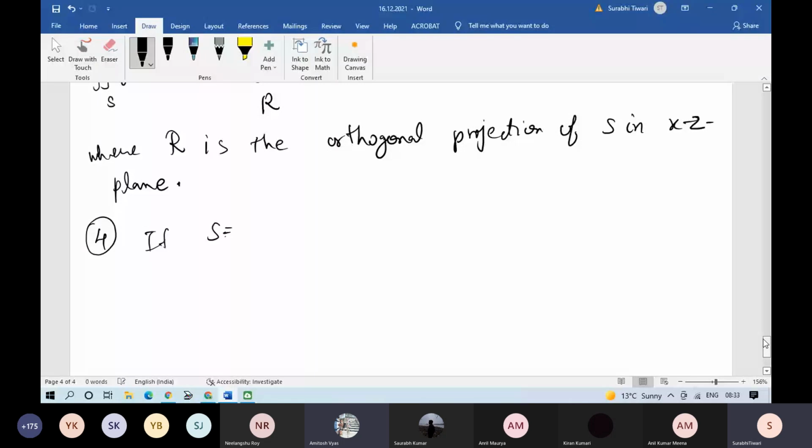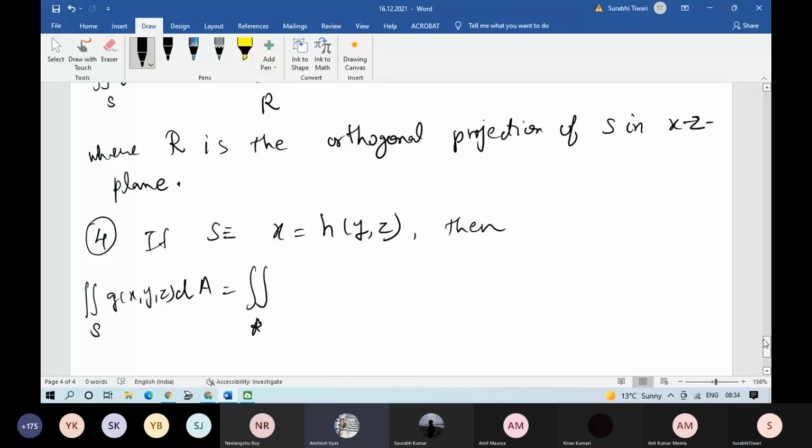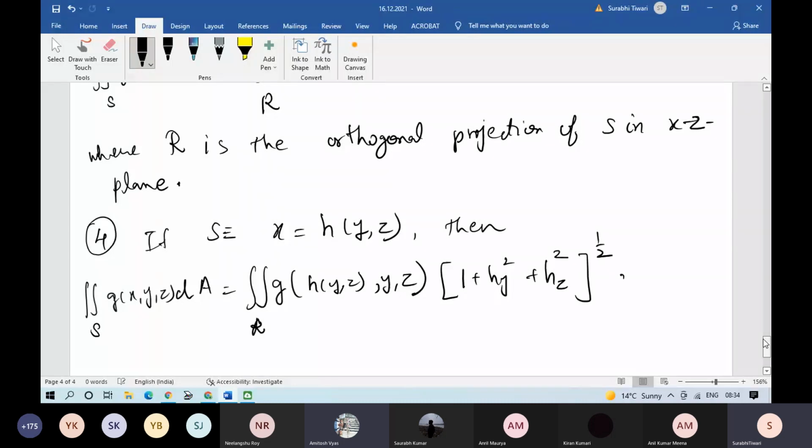Now if S is represented in the form of equation of the type x is a function of y and z, then double integration over the surface S of g(x,y,z) dA, this is equal to over the region R, g(h(y,z), y, z), और अंदर क्या बचा 1 plus hy whole square plus hz whole square power half dy dz.